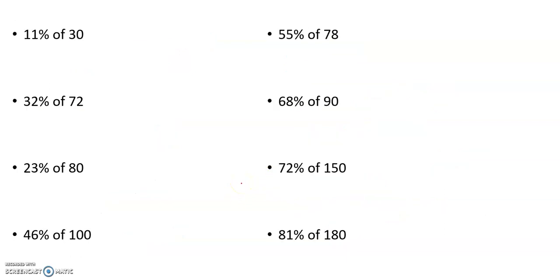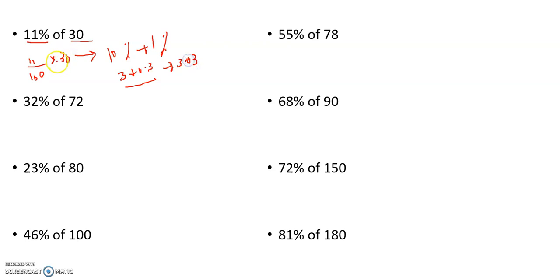I'll show you some more examples. 11% of 30. Instead of writing 11 by 100 into 30, you can write it as 10% plus 1%. 10% is 3, 1% is 0.3, so 11% would be 3.3.